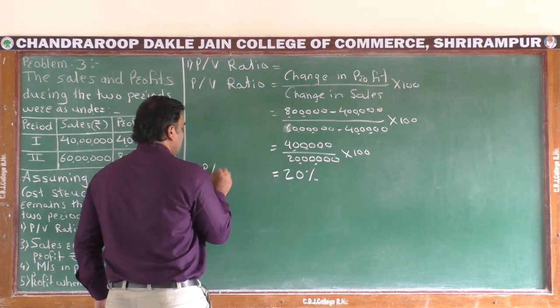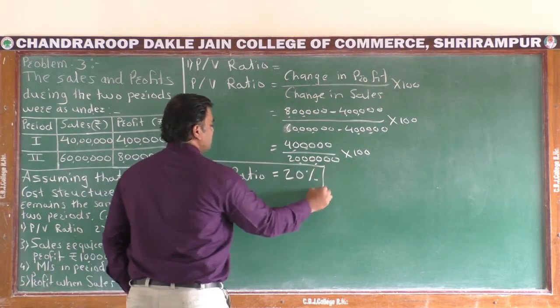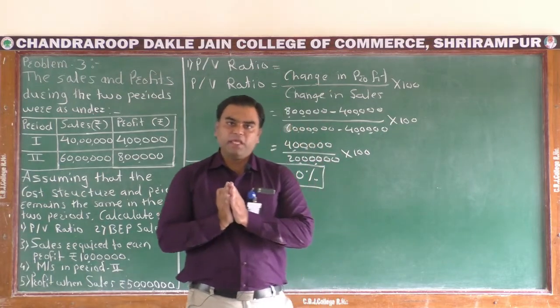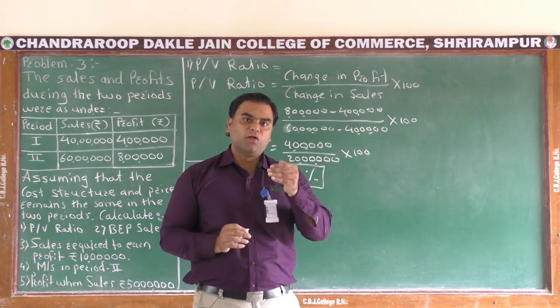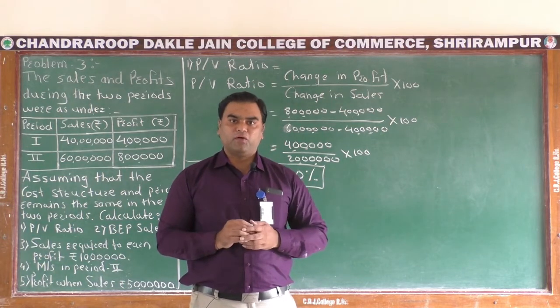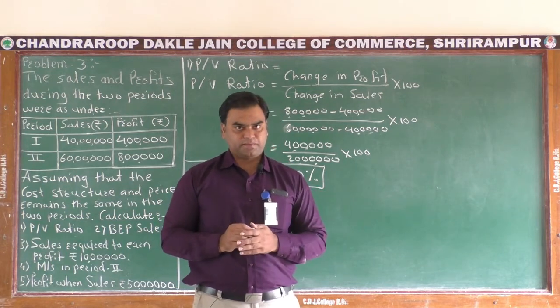So PV ratio is 20%. PV ratio, which stands for profit volume ratio, but it is not actually profit volume ratio, it is actually contribution to sales ratio.